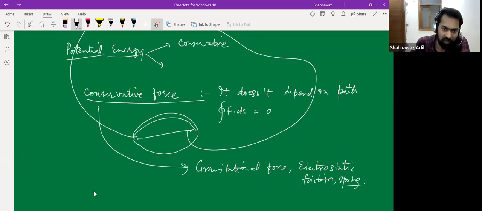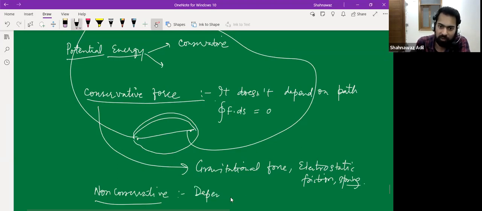And what are the non-conservative forces? The conservative force doesn't depend on path. The non-conservative force depends on path.